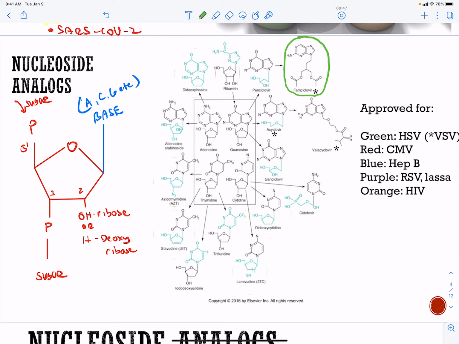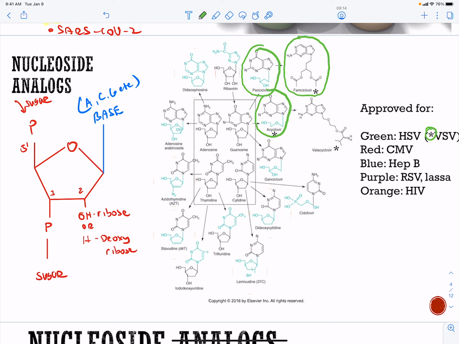We also have quite a few of them are for herpes. You can imagine it's a big target. This one right here, acyclovir, is also going to be good for VSV. So that's what that little star means. So VSV, you can use it for that as well.